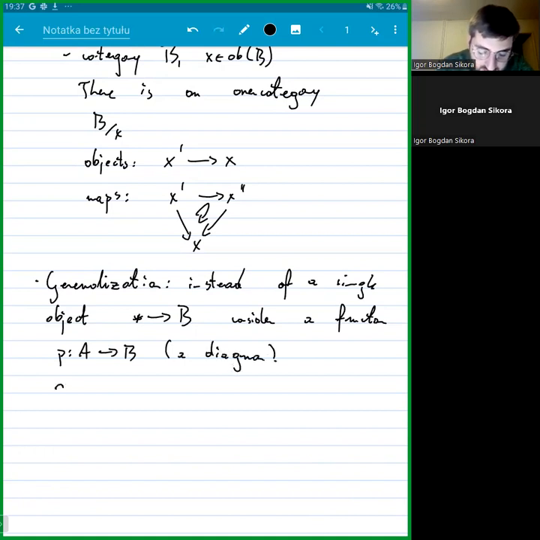And this gives us a notion of slice category, B over P. So this is supposed to be an over category over the functor P.